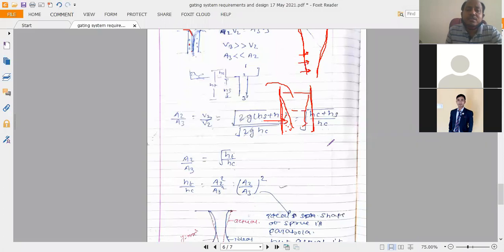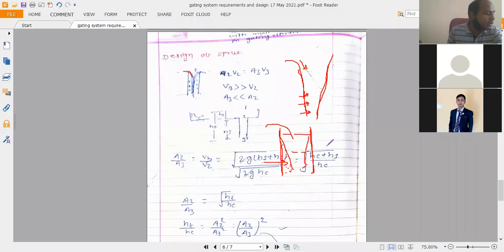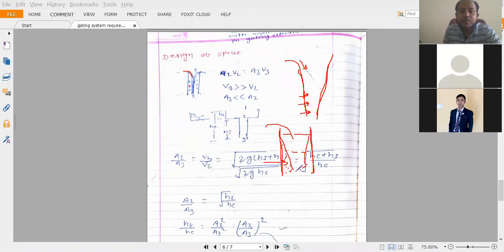So it is better to decrease the cross section of the sprue, so that the velocity increases and low pressure is not generated at the bottom.